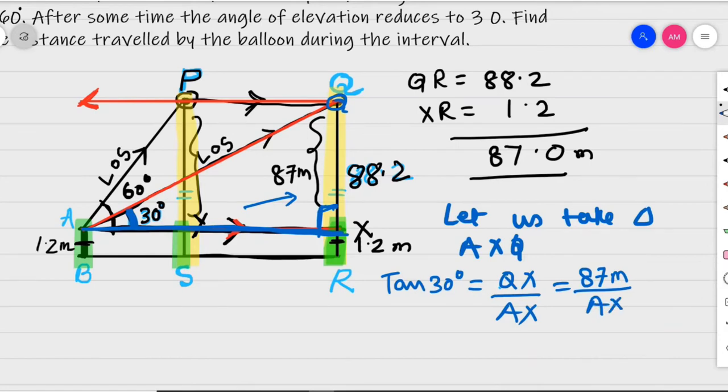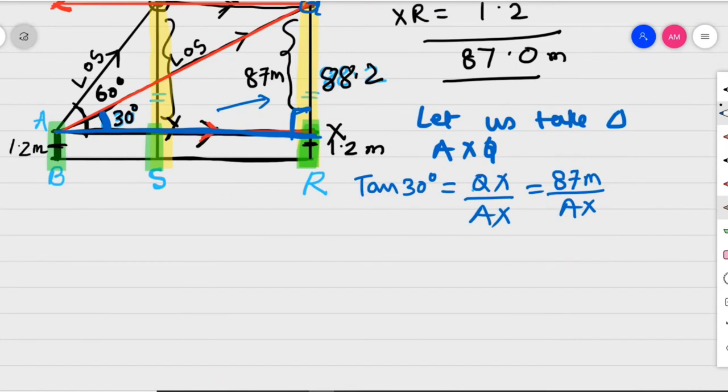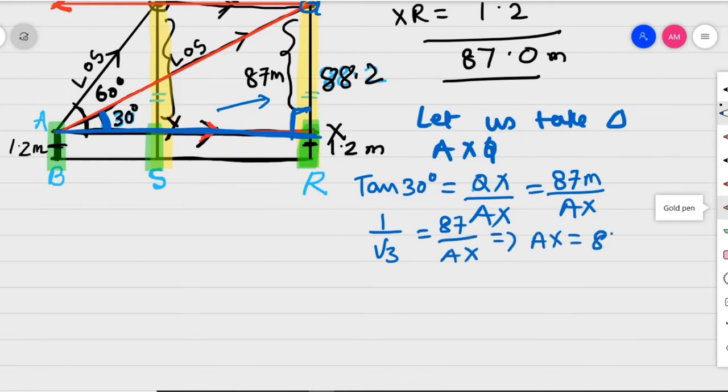From here, what can you get? Tan 30 is nothing but 1 by root 3. So 1 by root 3 is equal to 87 by AX. From here, you will come to know that AX is equal to 87 root 3. Now from here you have got the value of AX.